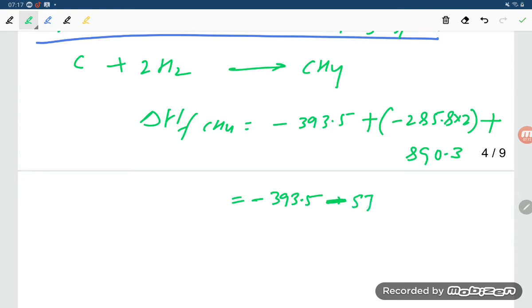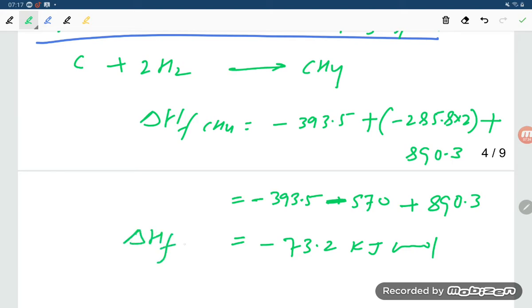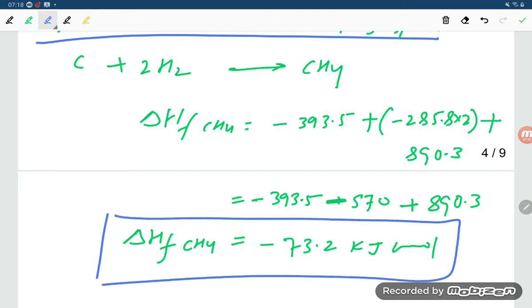It is coming 570 plus 890.3. Here you see, student, after solving these two, how much value are you getting? Minus 73.2 kilojoule per mole. So enthalpy of formation of methane, delta H f of CH4, is coming minus 73.2 kilojoule per mole. This is our required answer.